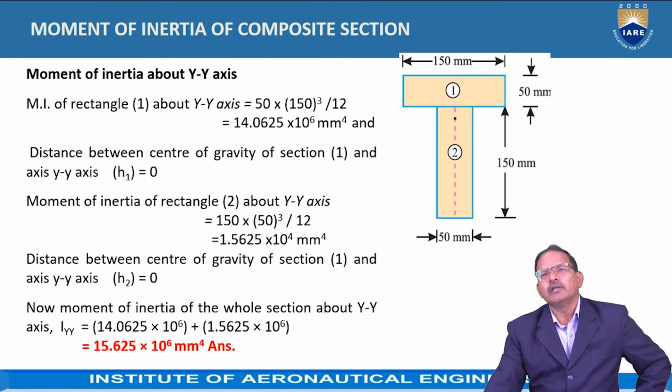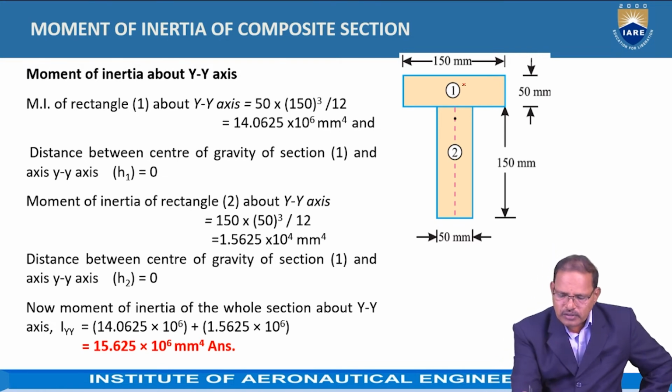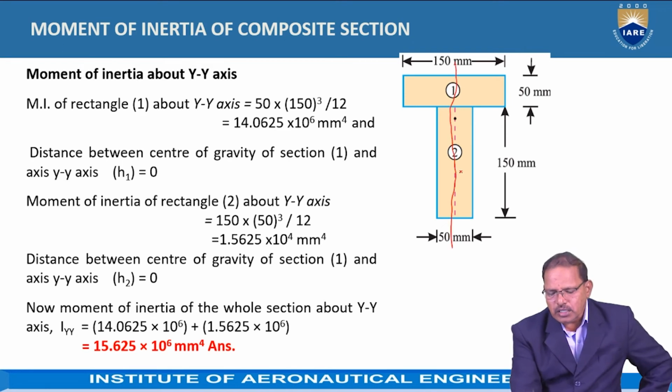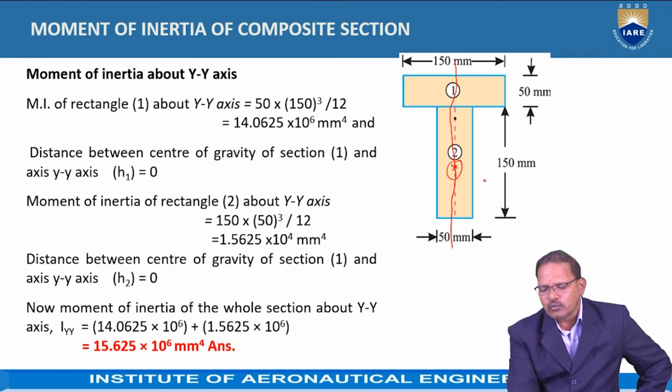Similarly, the moment of inertia of the composite section about the y-axis. When you are taking the y-axis like this, the center of the first section lies here only. The coordinates I am writing here: x equal to 0, y is nothing but at a distance of 75 mm. The center of the composite section is 0, 125.